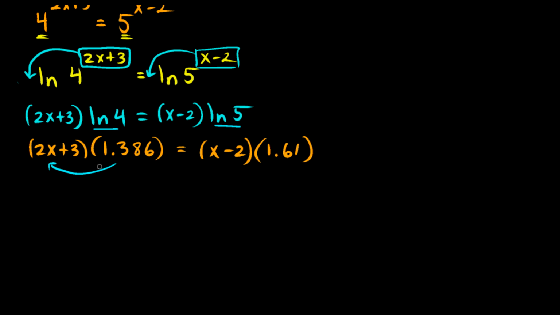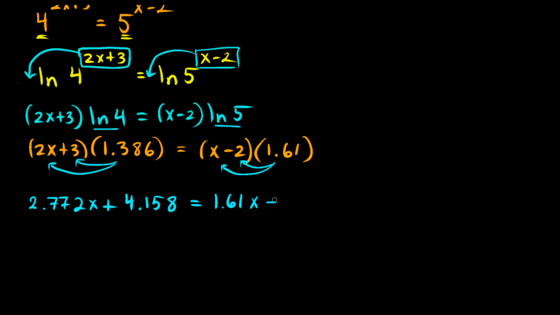So if I distribute the 1.386 into both of those terms, and the same with the 1.61, 1.386 times 2x would give you 2.772x plus 3 times 1.386, which gives you 4.158. 1.61 times x is 1.61x minus 1.61 times 2, which is 3.22.